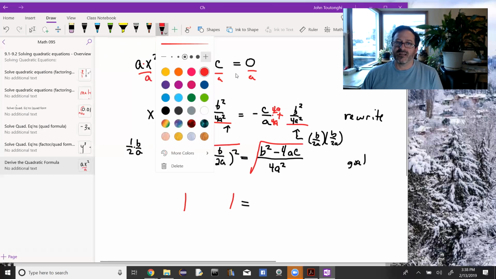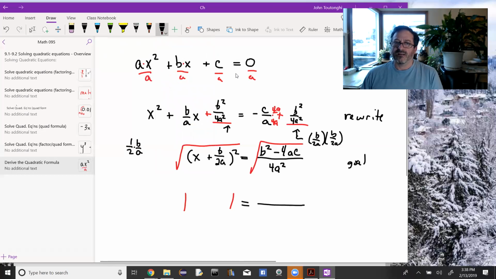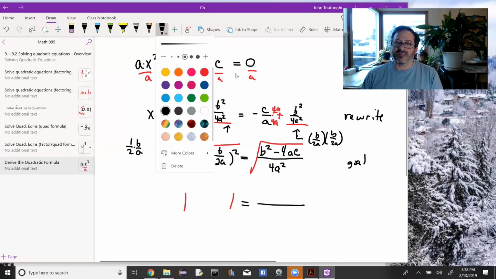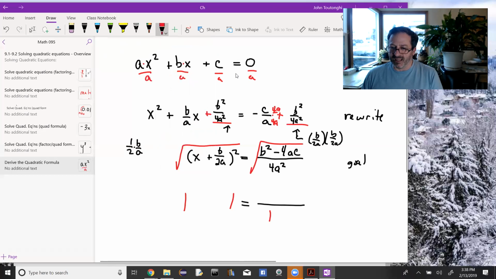On the right, we also have the square root of something squared. That's downstairs here, that 4a squared in the basement. When I square root that, I'd like to get 2a, but I actually am going to get the absolute value of 2a.